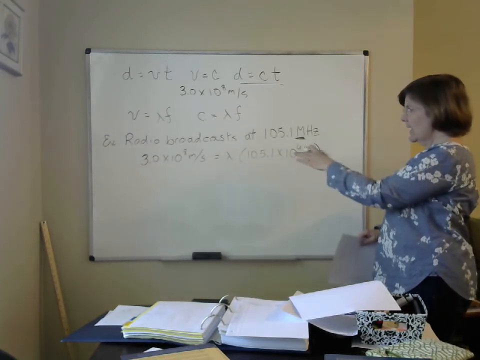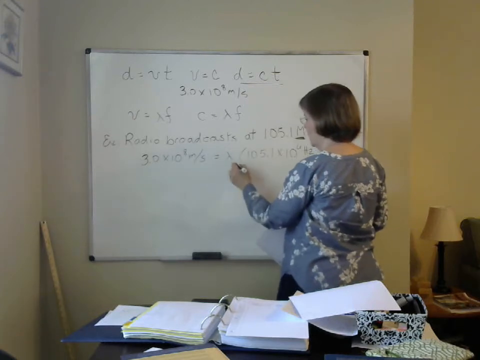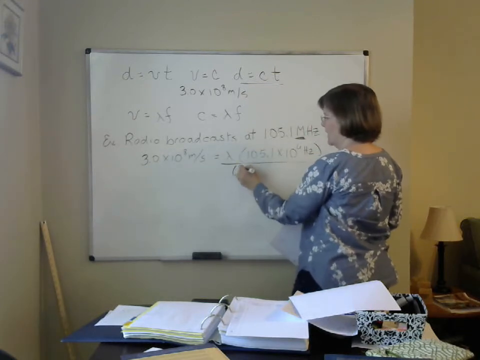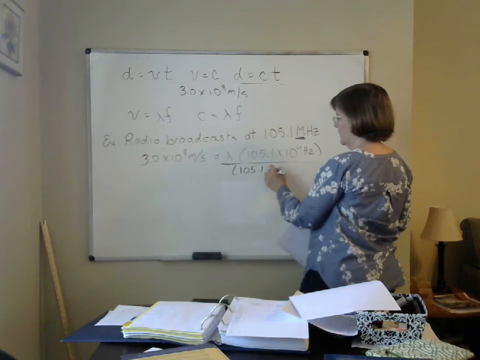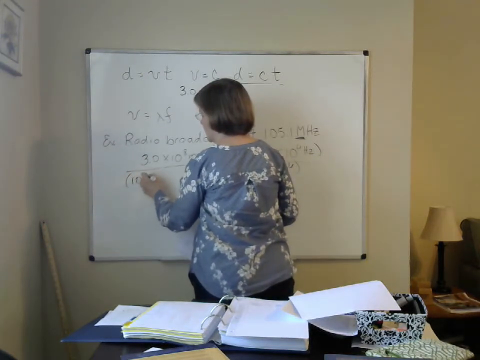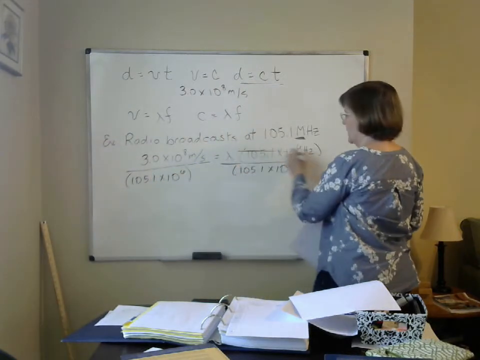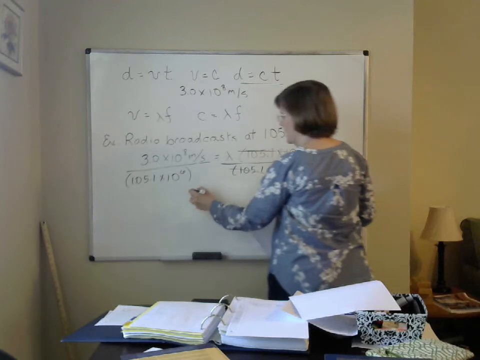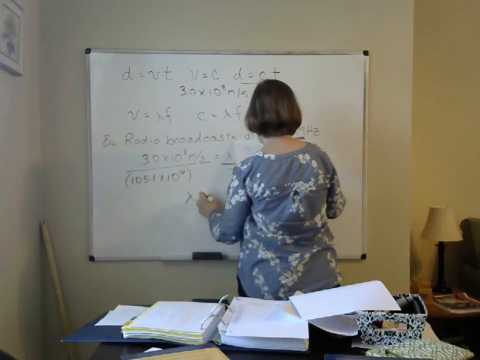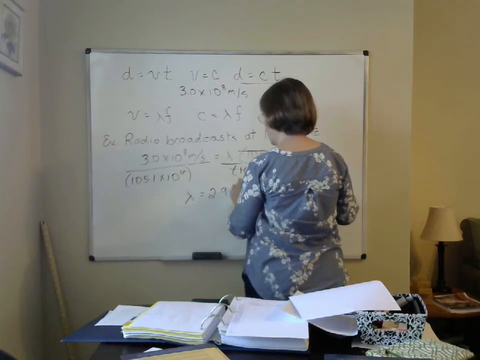When I do that, I'm going to have to divide by 105.1. So if I divide by all of this on both sides, of course here they simply cancel out. I get that the wavelength is equal to about 2.9 meters.